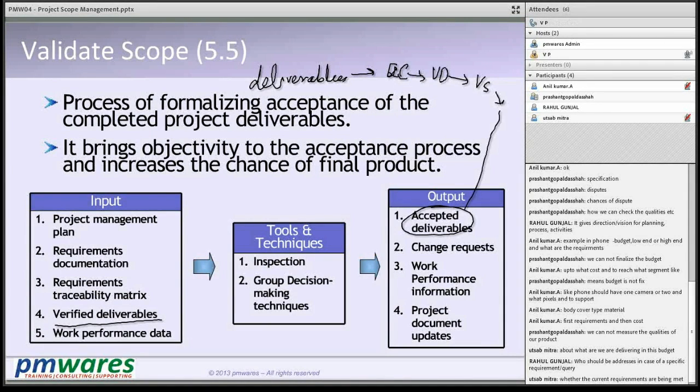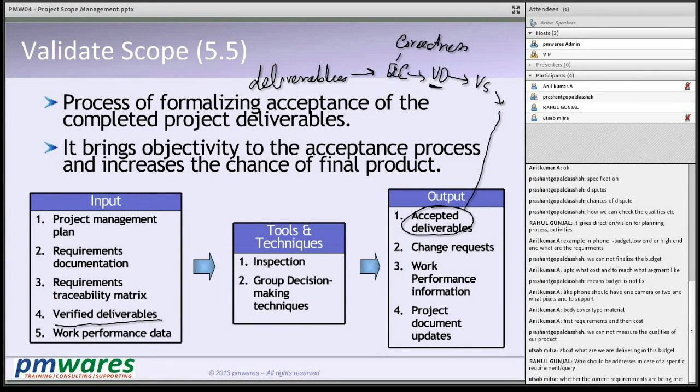So a deliverable is produced, it goes through quality control, which checks for correctness, and it produces verified deliverables.